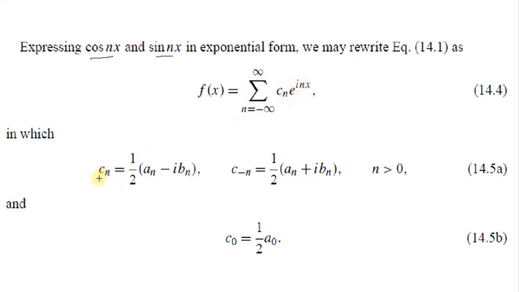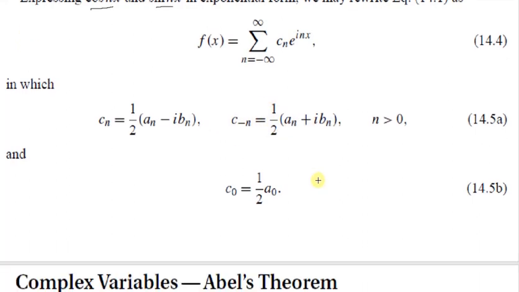Now here Cn is equal to 1 by 2 (an minus i bn), and C minus n is equal to 1 by 2 (an plus i bn), and C naught is equal to half a naught. Let us prove that equation.